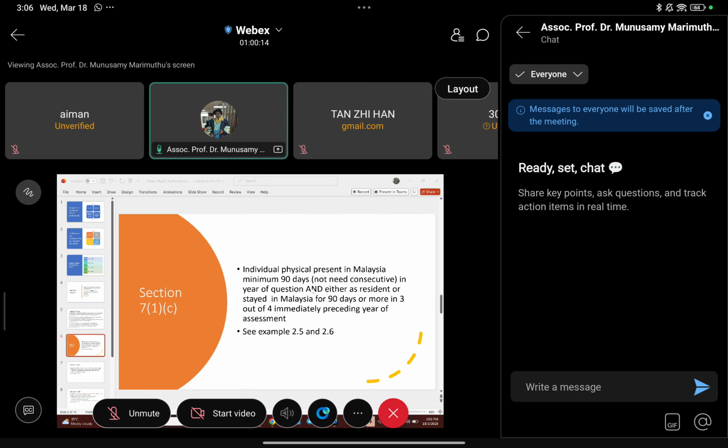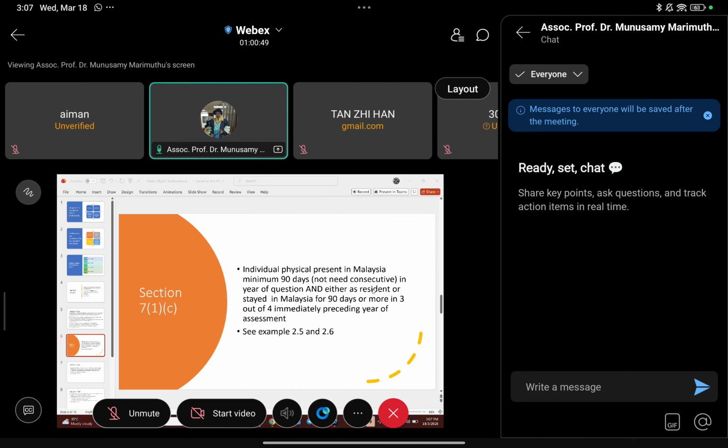Before he can become a resident, the person has two conditions. One, physically present, minimum at least 90 days in Malaysia, either in one period or many periods, in the year of question. Plus, he must also have been a resident, either a resident in Malaysia or present 90 days or more.